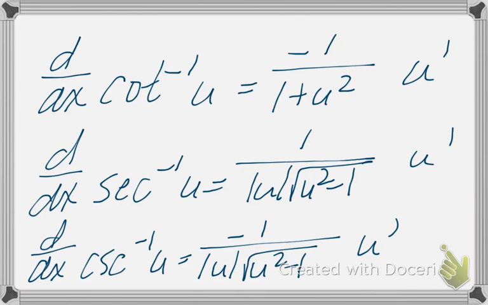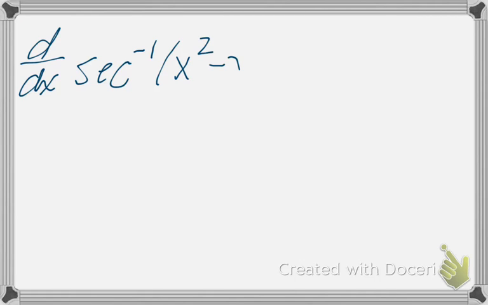All right, so I'm just going to give you another example. Let's say you had to find the derivative of secant inverse of x squared minus x. For secant, the answer would be 1 over absolute value of u. The u is just the inside, right?